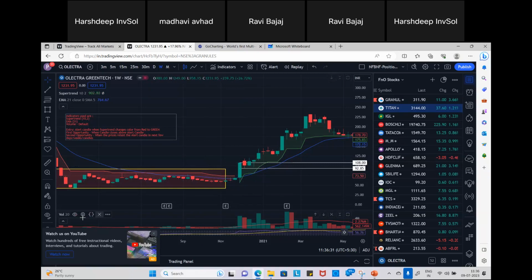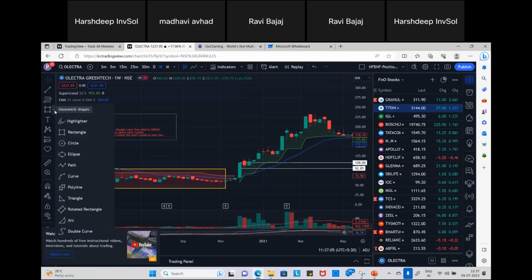Look at the volumes here: in red color it shows 653k. The average is 6.5 lakh, and on the breakout day the volume is 49 lakhs, 4.9 million. This is a weekly candle, so that is a different thing, but if you look at this, definitely it is a good opportunity, which has given you confirmation in multiple ways.